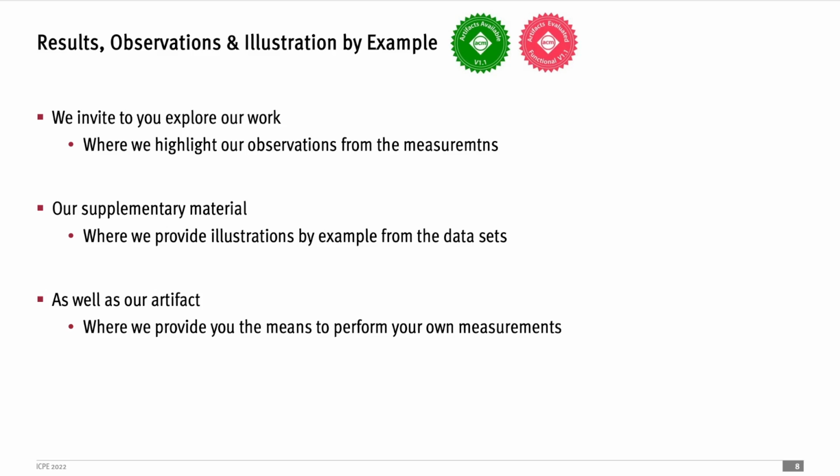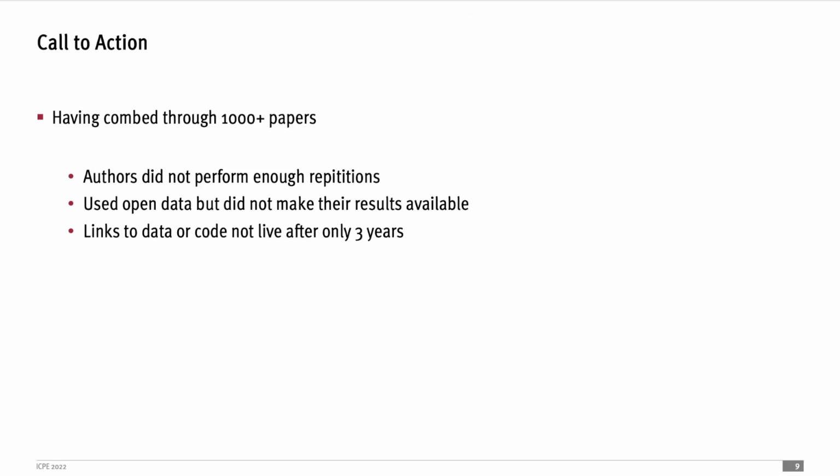And this brings me to my last point, which is a call to action that we would like to send to everyone. Having combed through over 1,000 papers, we've seen a lot of things that we would ideally not like to see in the research community. Either the authors did not perform enough repetitions, or while they were using open data, they did not make their results or code available.